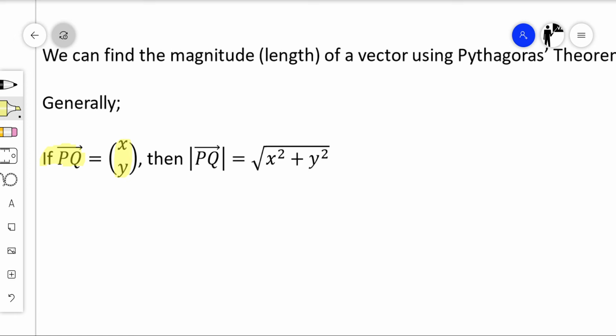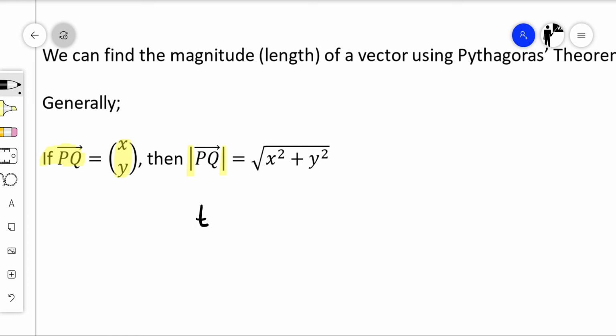If we've got a vector and we know its components, then the magnitude of the vector, see these two bars? That's what we write at the side of the vector to denote that we're working out the magnitude. So for another example, if I wanted to work out the magnitude of a vector t, then I would draw those bars next to it. And when I do that, that lets the examiner know that you're working out the magnitude.